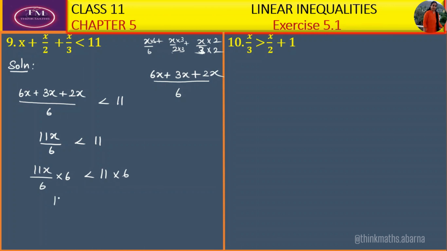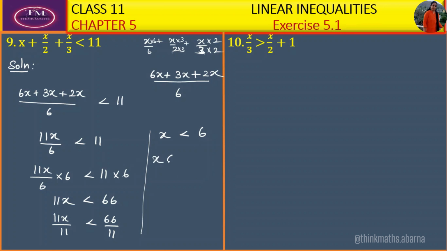So 6 gets cancelled. So 11x less than 66. To remove this 11, we can divide by 11 on both sides. So 11, 11 gets cancelled and we will get x is less than 66 by 11 is 6. So x is less than 6.